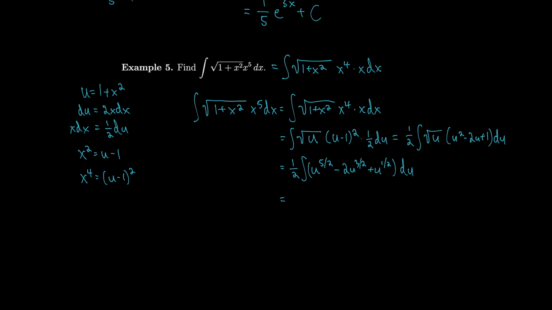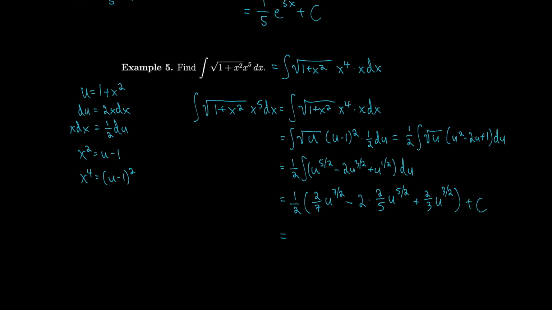So we do that. We get the antiderivatives of each one of those, which is half times 2/7 u to the 7 over 2, because you just increase it by 1, divide by 7 over 2. Then it's minus 2 times 2/5 u to the 5 over 2 plus 2/3 u to the 3 over 2 plus c.